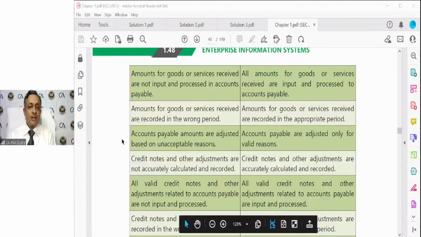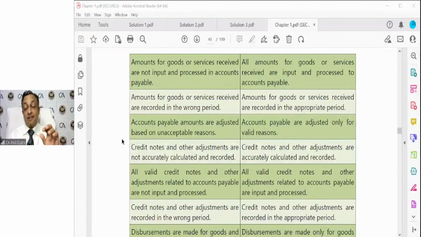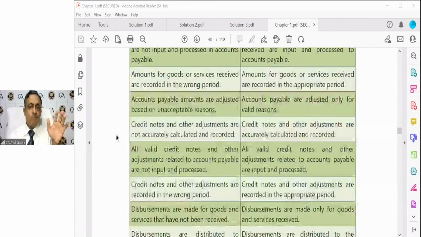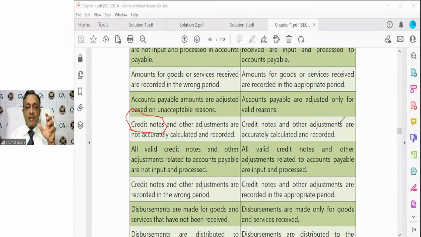Then adjustment means the payables are being adjusted without proper reason; there must be a valid reason. Now see, this word is important. Please understand, a few words have become very important due to the changes brought in law. One word is credit notes and debit notes. In GST, you can pass on your credit, or receive GST credit, based on credit notes and debit notes issued.